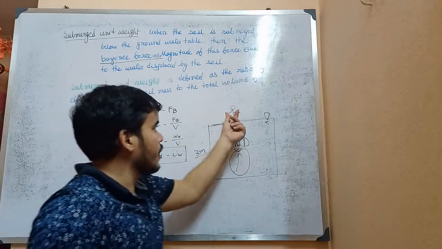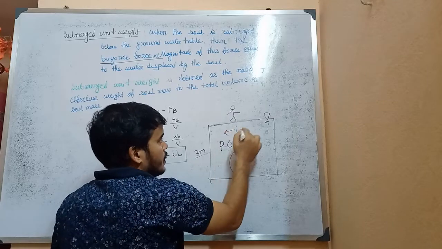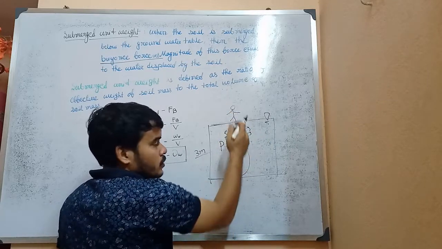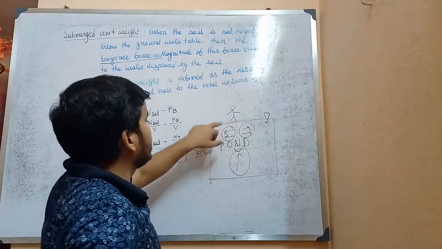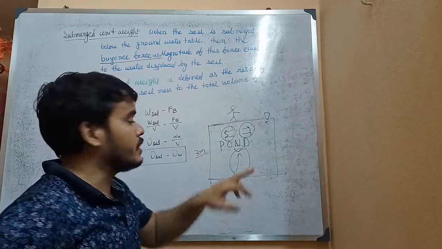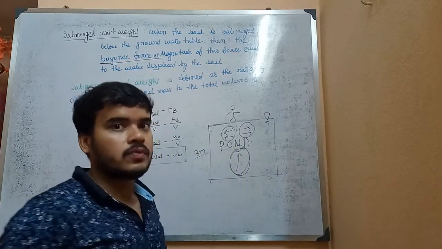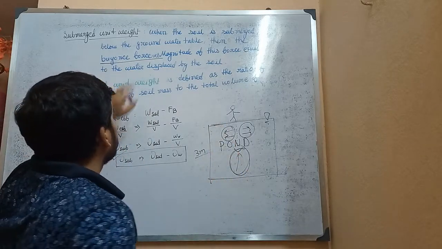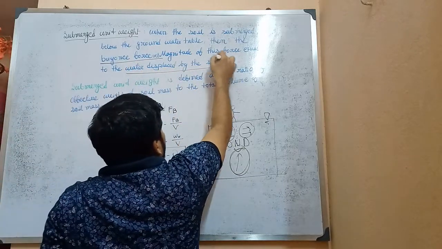As you go down, you have to displace some amount of water to make space for you, and the displaced water is equal to the magnitude of that buoyancy force. This is a basic part of fluid mechanics. So the magnitude of the force is equal to the water displaced by the soil.